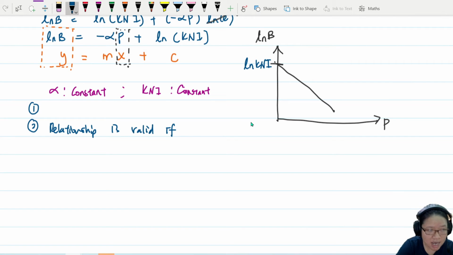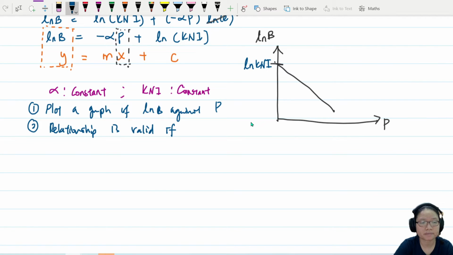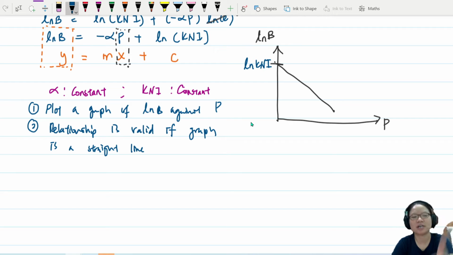So you just say, I'm going to plot a graph of ln B against P. All right. And the relationship is valid if the graph is a straight line through origin. Where got origin? Straight line with y-intercept.